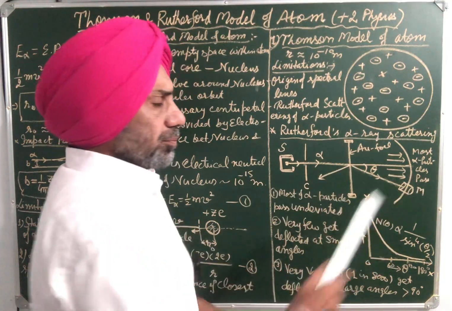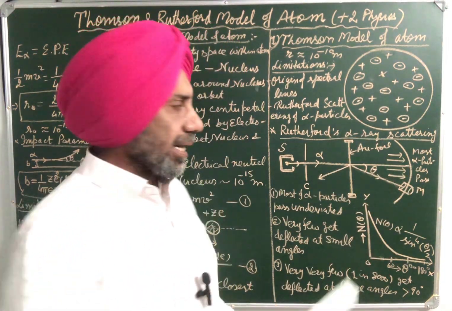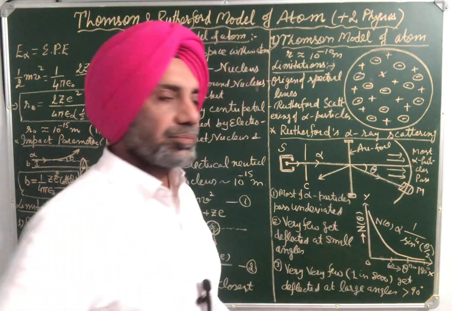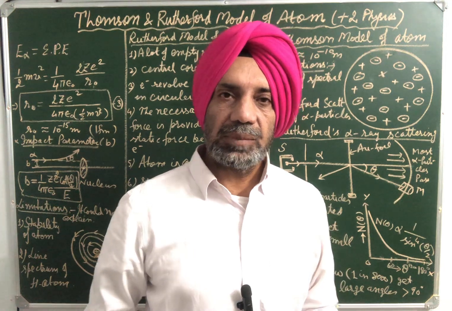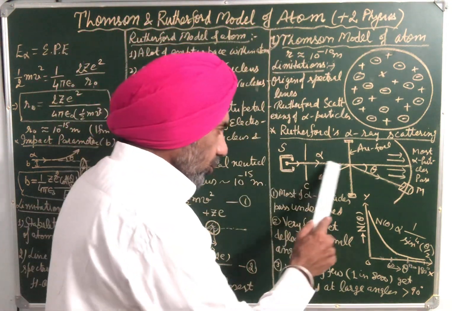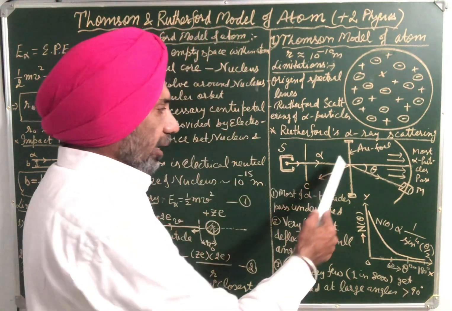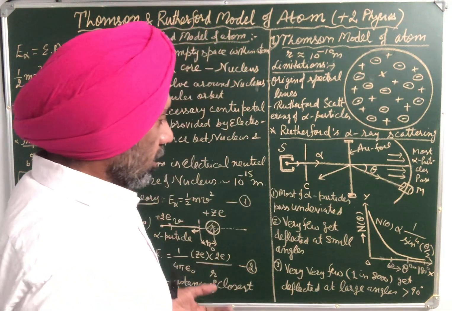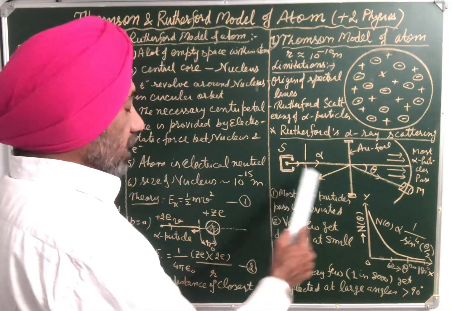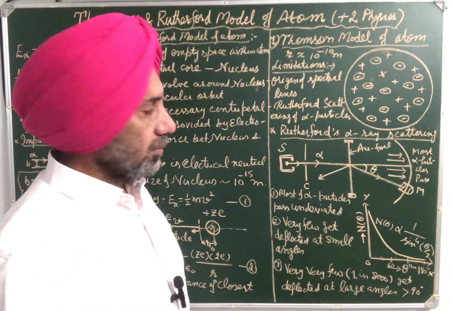Very few get deflected at small angles theta, about 8 to 10 degree, and a very few got deflected at large scattering angles, more than 90 degree. So from this experiment he made some observations.